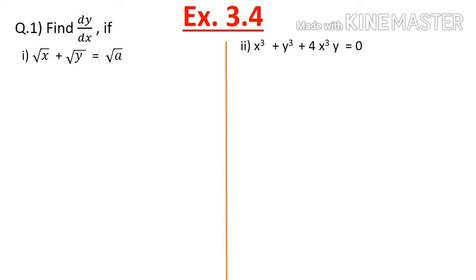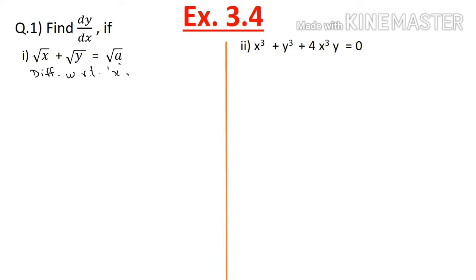The first question of exercise 3.4: find dy by dx if root x plus root y is equal to root a. Now over here x and y are the variables and a is a constant. Clear? So let us differentiate with respect to x.